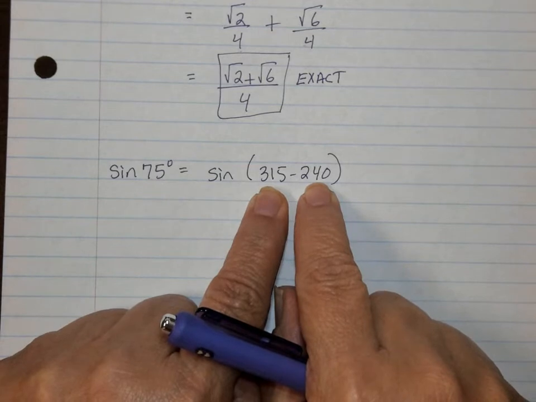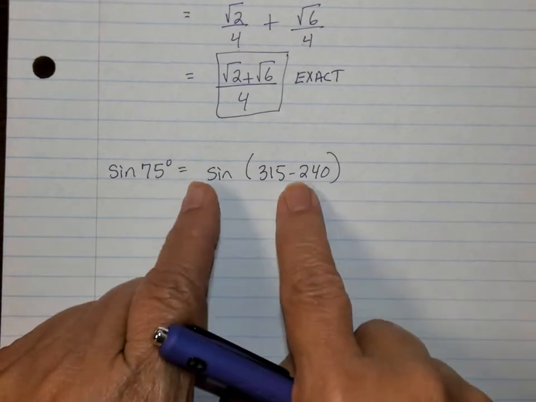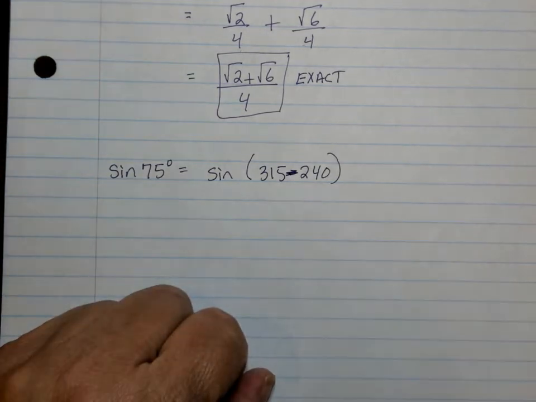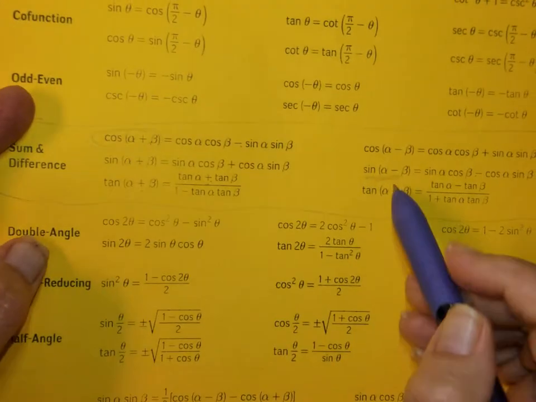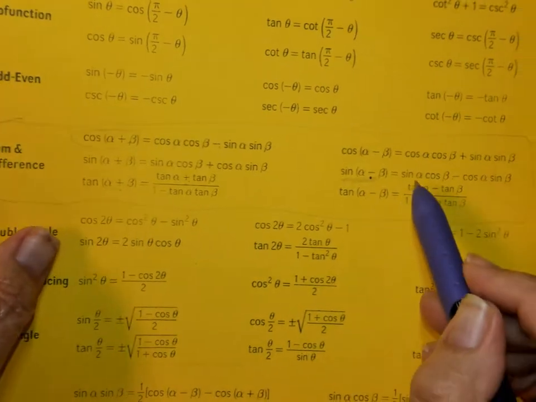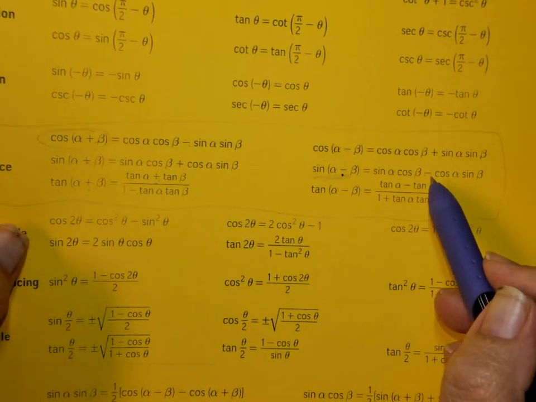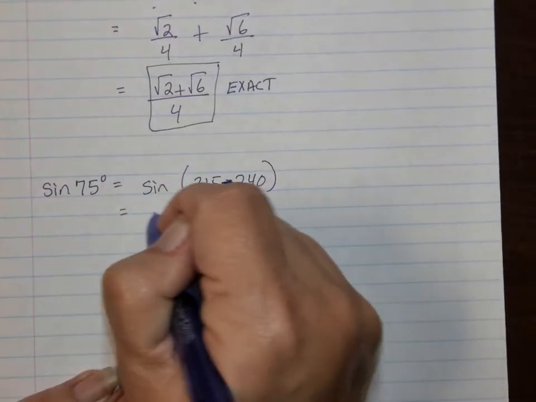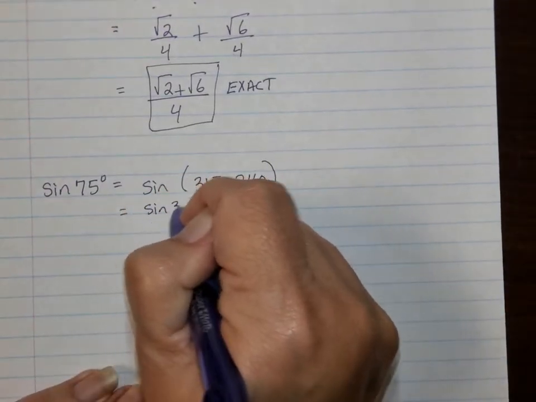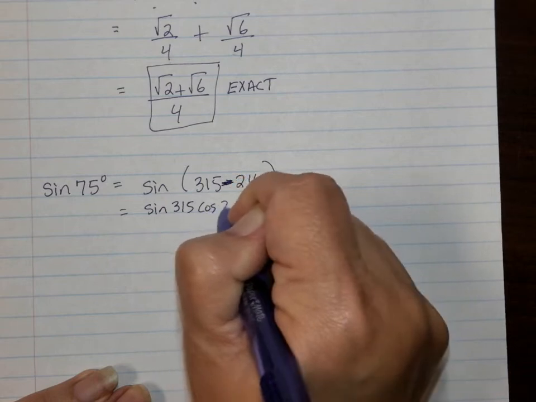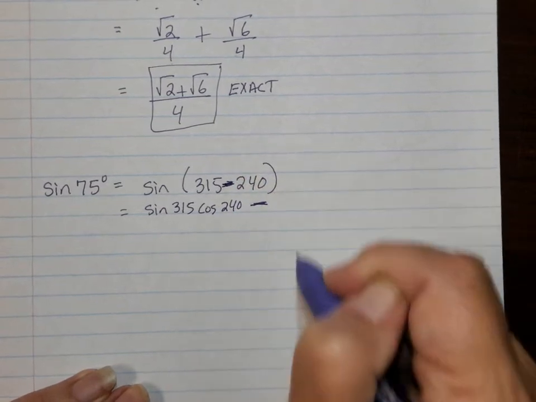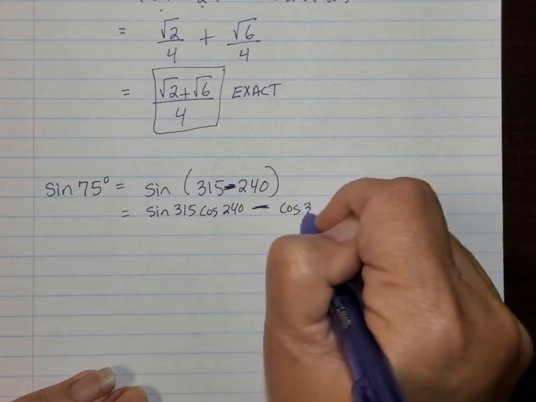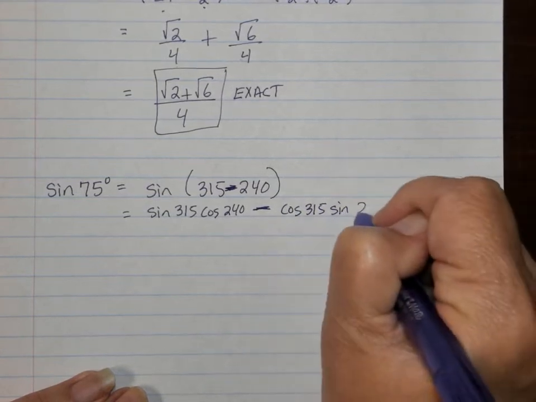Because they're on our unit circle. Okay, this is a difference identity. It's got a minus sign. Go to your formula chart. The difference identity. Sine, cosine, minus cosine, sine. Sine 315, cosine 240, minus cosine 315, sine 240.